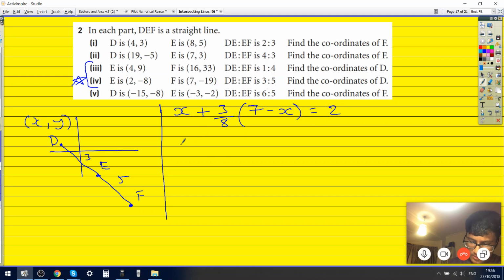So X plus 21 over 8 minus 3X over 8 is 2. 8X plus 21 minus 3X is 2. 5X is... Hang on, it's not equal to 2. What's it equal to? You multiplied everything by 8? Yeah, sorry. 16. Equals 16, so 5X is minus 5, so X is minus 1. Okay, and then try to find Y.